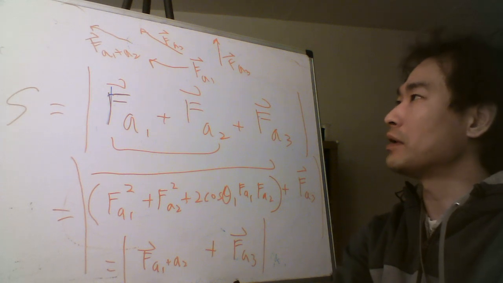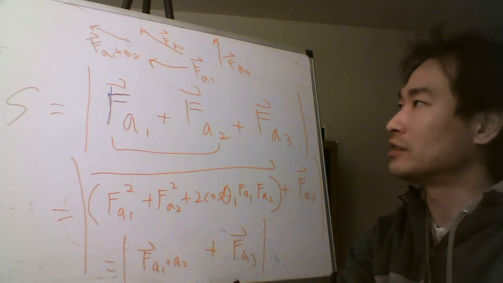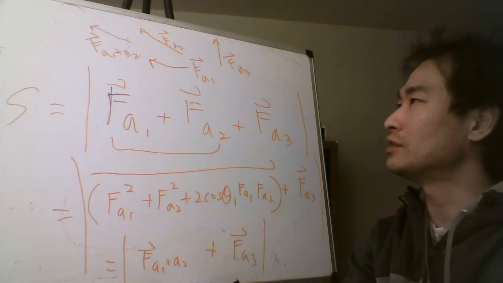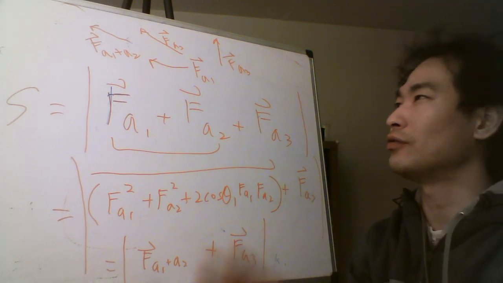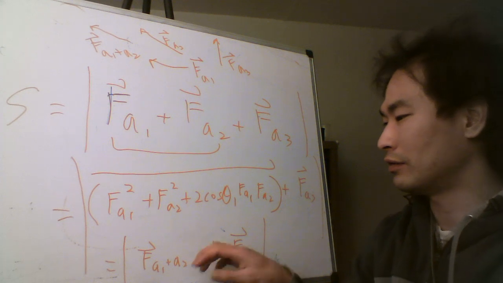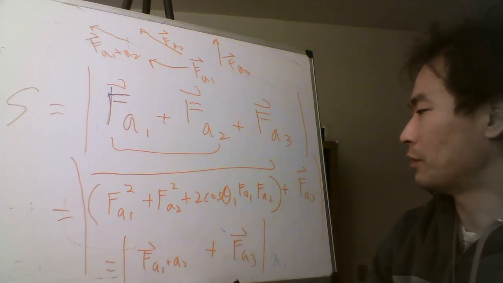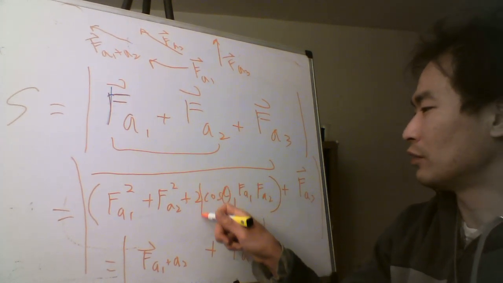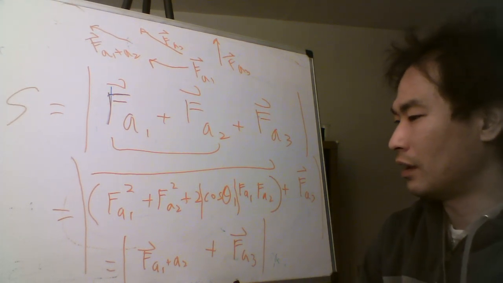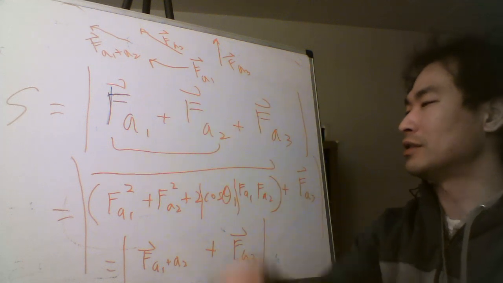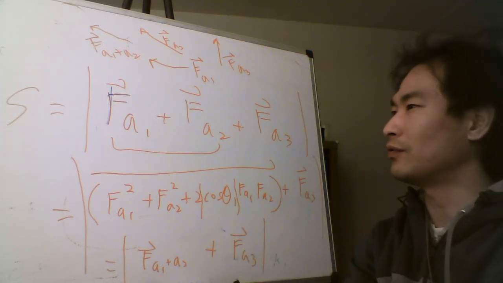You know, forget about stress. I just realized that it's just traditional vector summation. We don't have to take care of all this. By the way, it's supposed to be cosine of the absolute value of theta 1. But for now, forget about this absolute value.